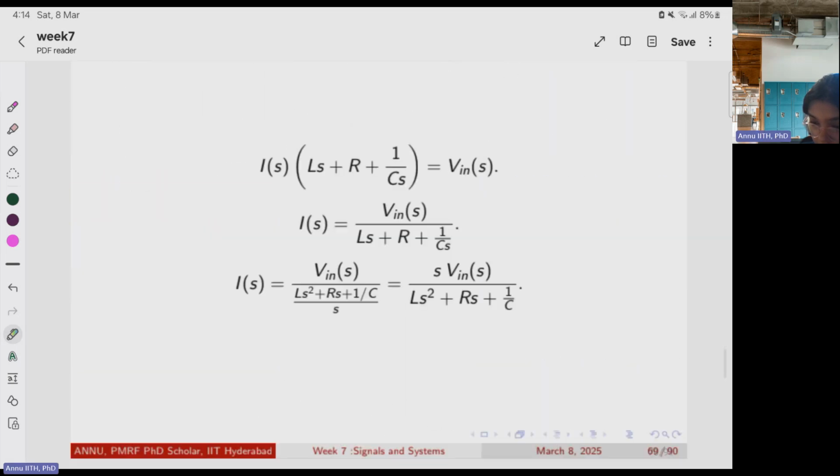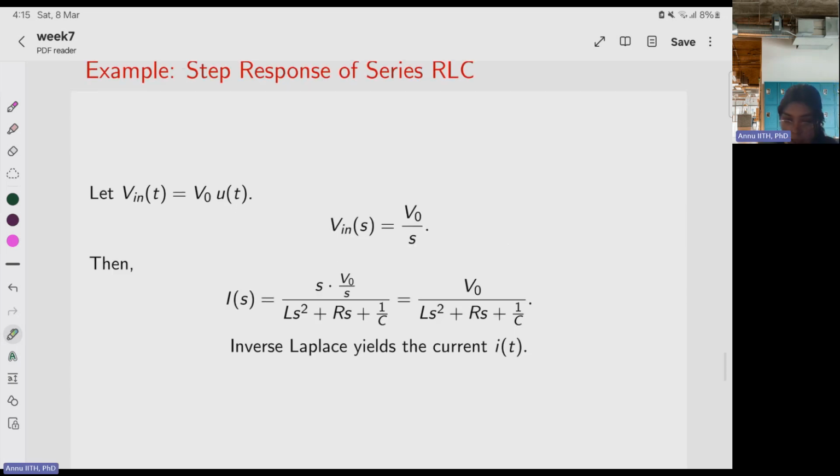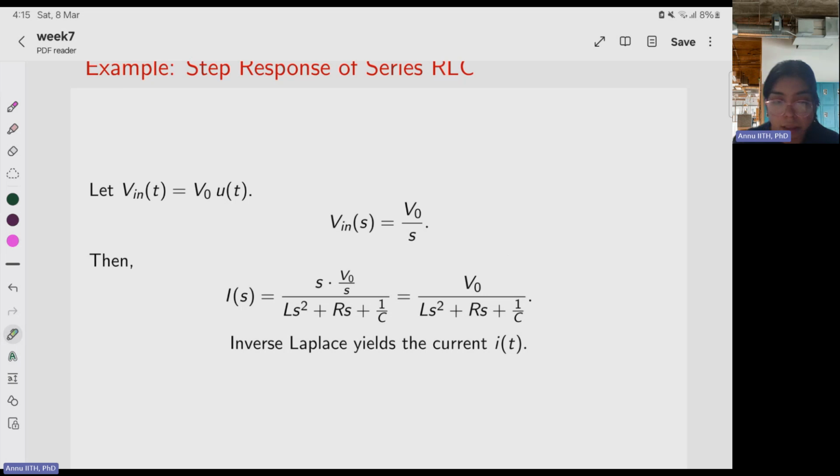RLC circuit, step response of the RLC circuit. You can see the implications here, but I'm not repeating this.